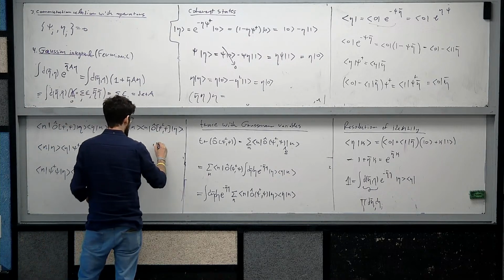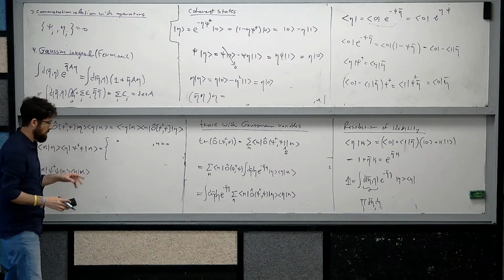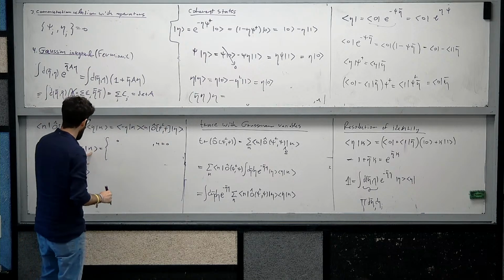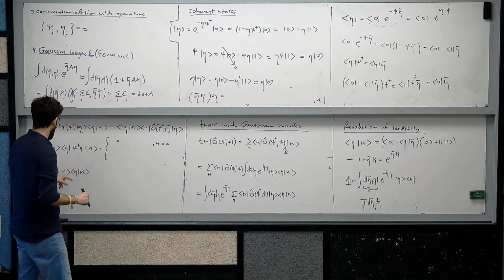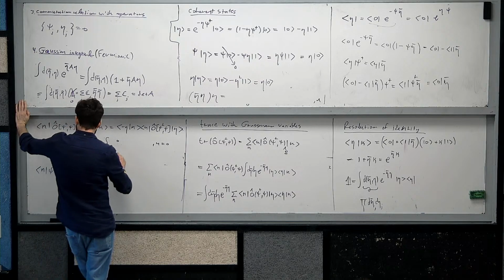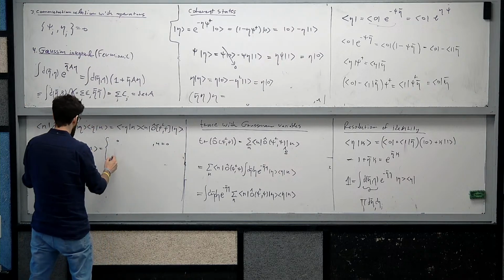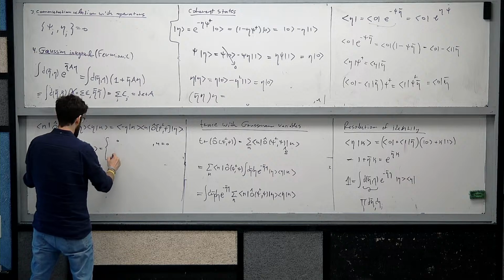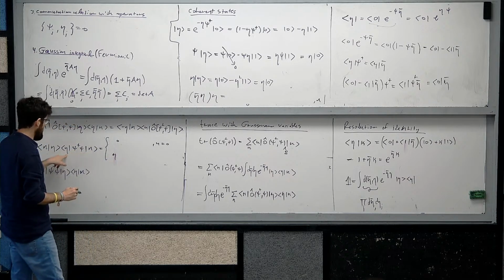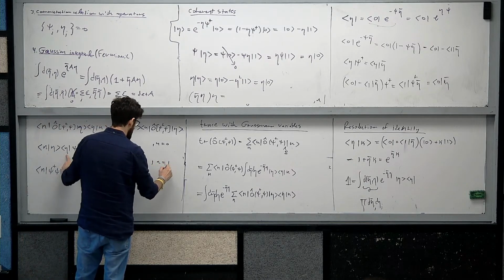If n is equal to 0, I get 0, because this will act on 0 and it's just 0. If I have 1 on the other hand, this gives me 1, and then I get 1 between eta and 1 between eta, so I get eta, and this gives me eta bar. This is if n is equal to 1.